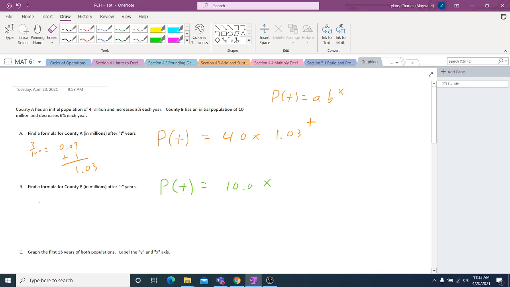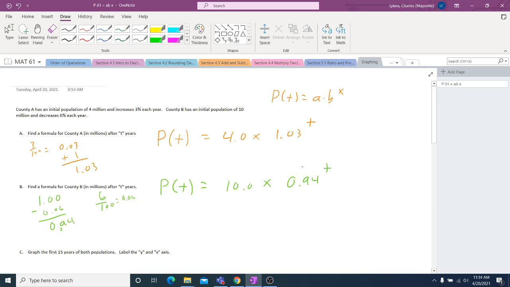So what you want to do now is take 1.00 and subtract 6%. Well, 6 divided by 100 equals 0.06. So you subtract 0.06 and you get 0.94. And since that's less than 1, we know that is a decay. And we want to raise this to the t power.